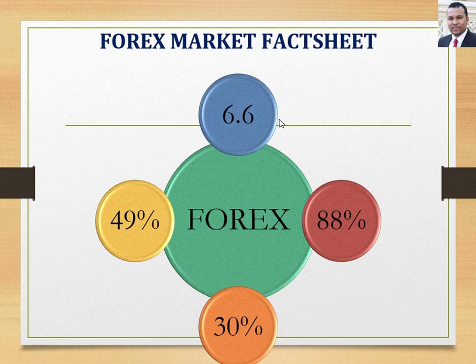What about 88%? The US dollar maintained its dominant currency position: 88% of all transactions in the world are in terms of US dollar, the main currency. 30% is the share of spot forex in the forex market.